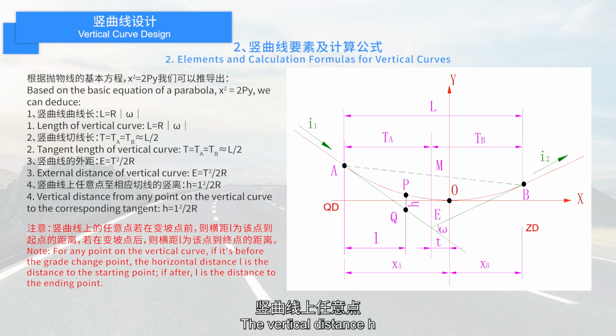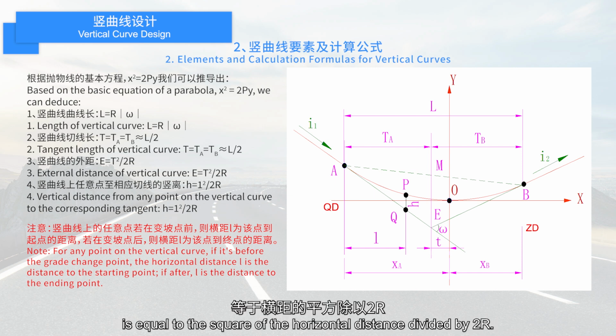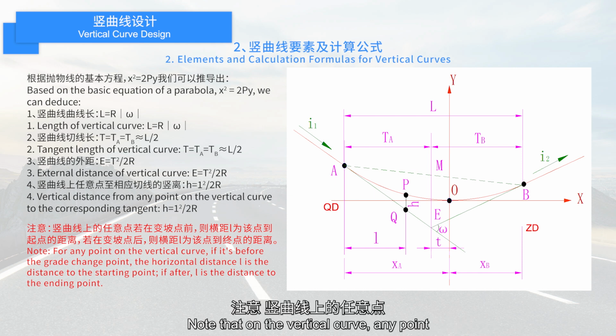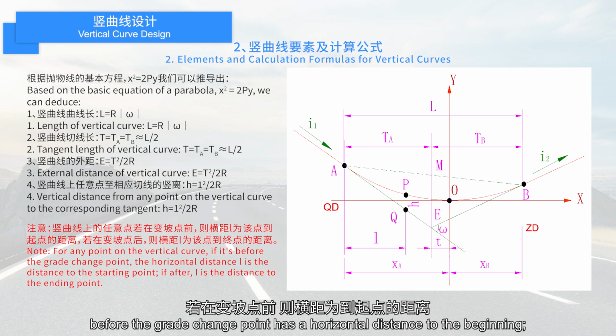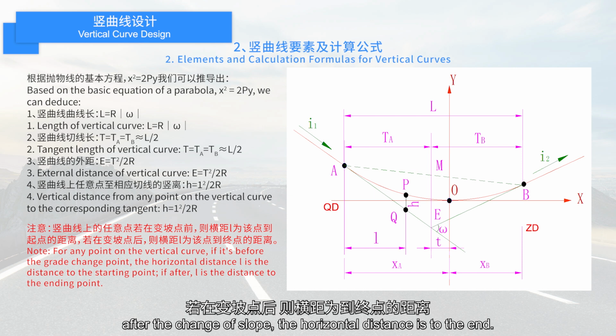The vertical distance h from any point on the vertical curve to the corresponding tangent is equal to the square of the horizontal distance divided by 2R. Note that on the vertical curve, any point before the grade change point has a horizontal distance to the beginning. After the change of slope, the horizontal distance is to the end.